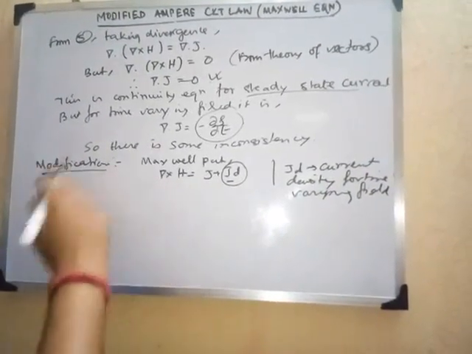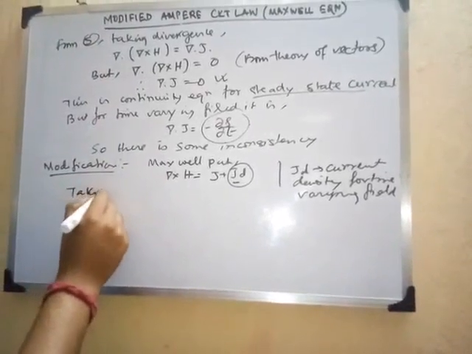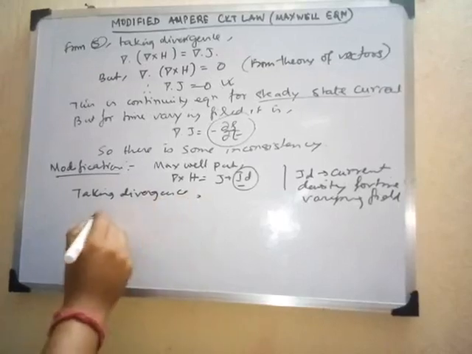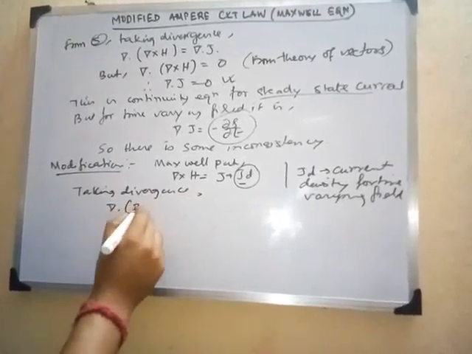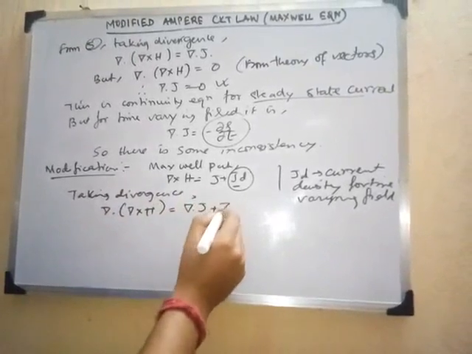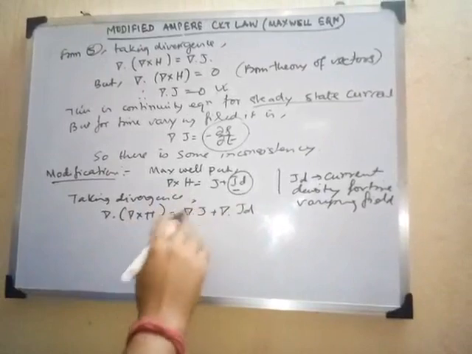So now what we will do, we will simply take the divergence. So taking divergence, what comes, del dot del cross H will be equal to del dot J plus del dot JD, right? So this appears.